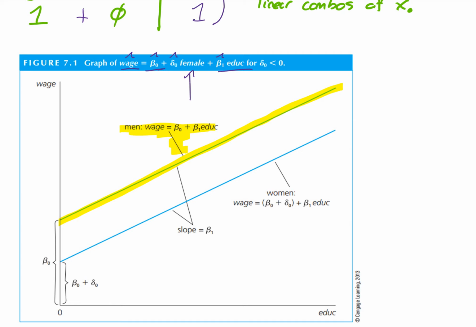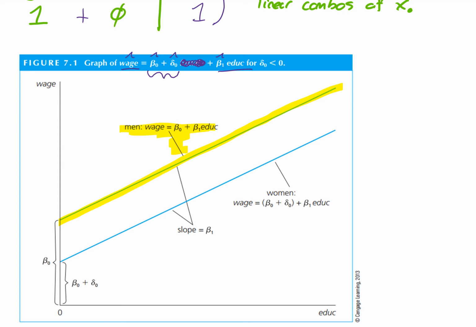So if it's equal to 1, then this part is just delta 0 times 1, right? So we've got these two constants, beta 0 plus delta 0. Okay, so this is basically our new constant for women.